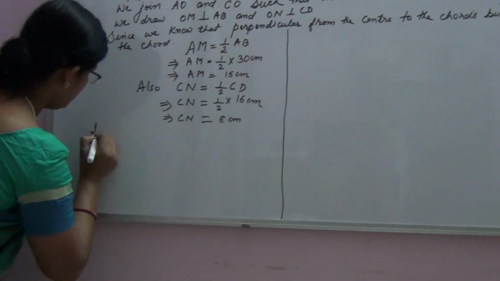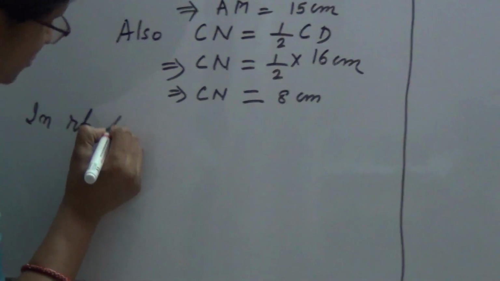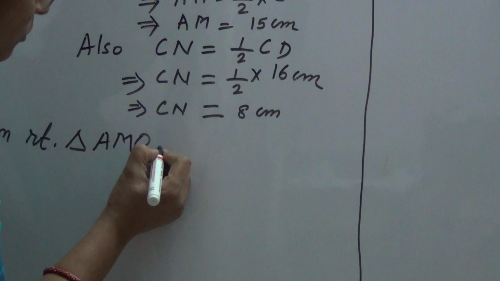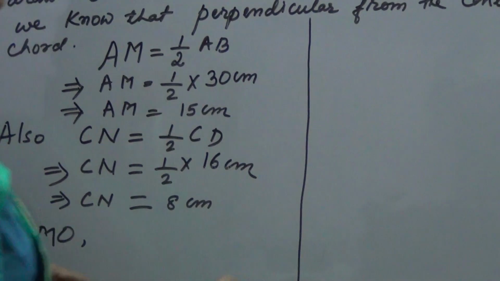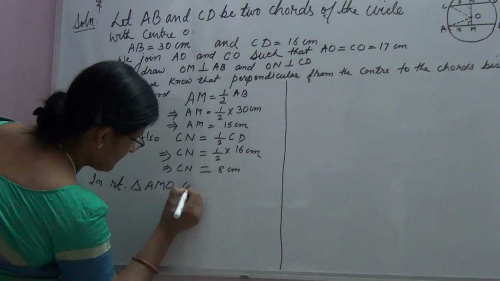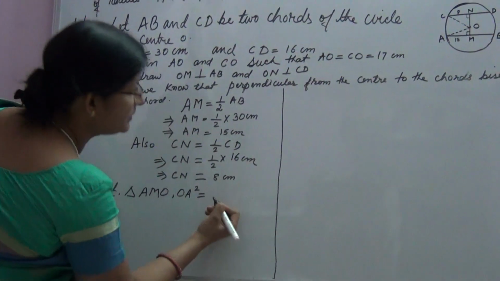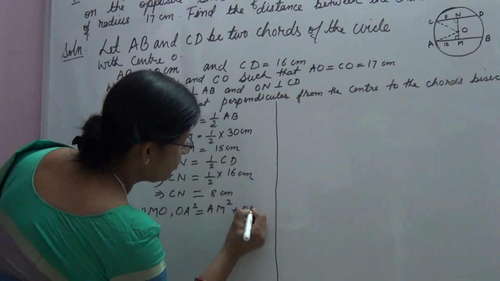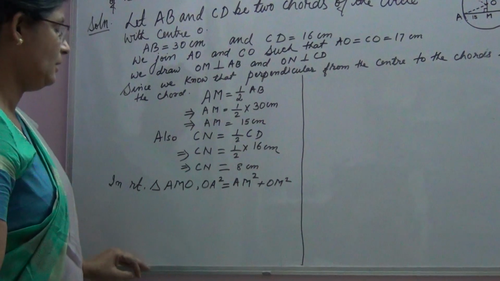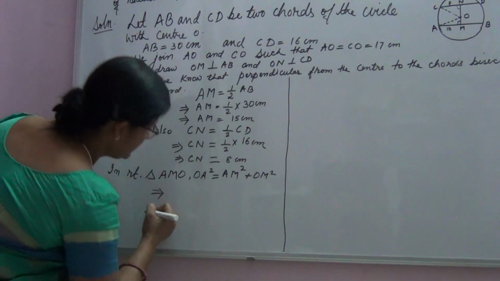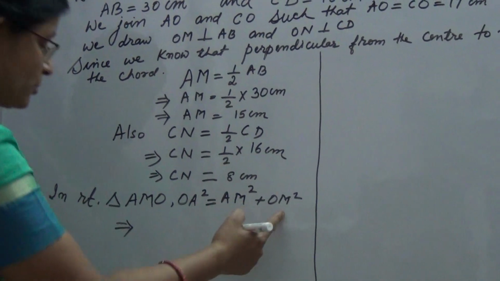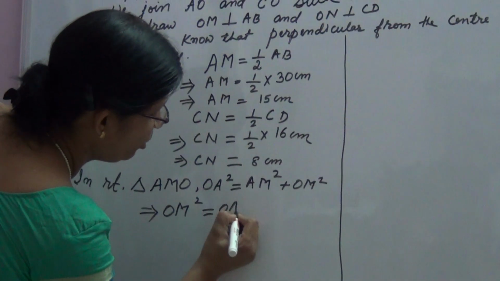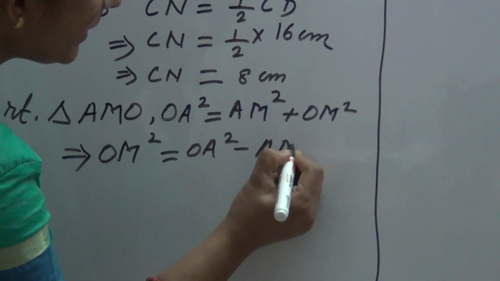Now in right triangle AMO, what we will get is OA square is equal to AM square plus OM square. From this relation, we have to find OM square, so we keep it on this side. OM square is equal to OA square minus AM square.